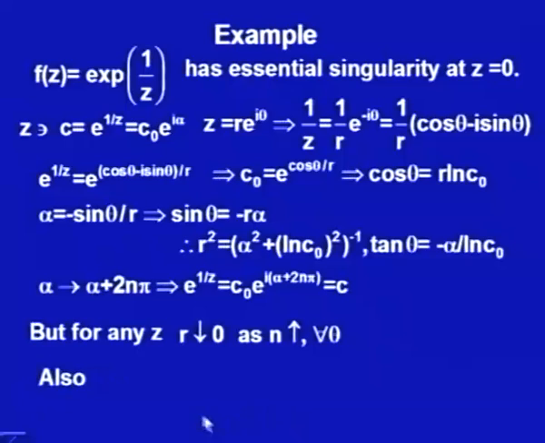Let us first explain this term. For any jet, r decreases towards 0 and n will increase, and this will happen for all theta, whatever value of theta I take.